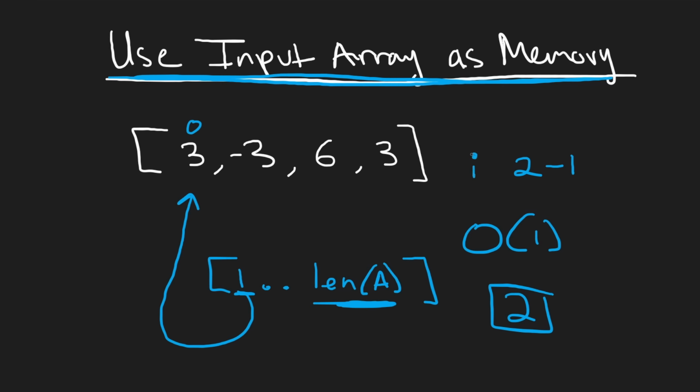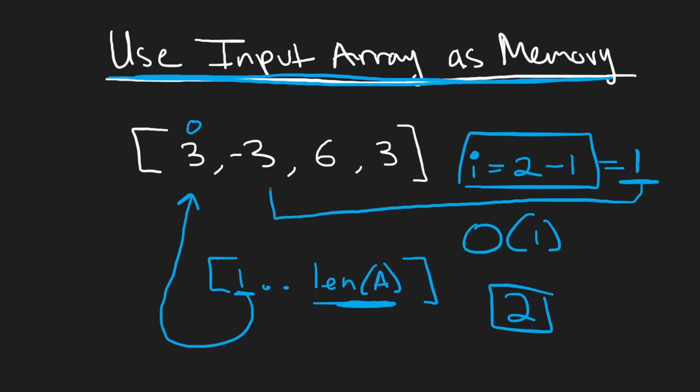That's going to give us our index value. i is going to be 2 minus 1, which evaluates to 1. So we're going to go to the 1 index, which is over here. This is 0, this is 1. And we're going to check, is this value negative? Negative tells us that 2 exists in our input array.